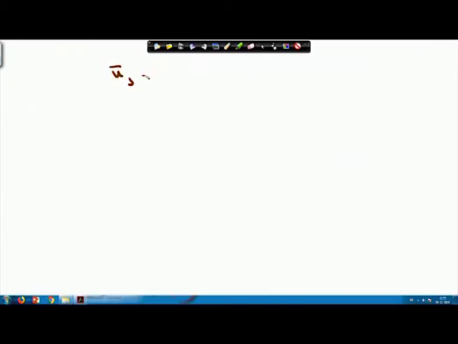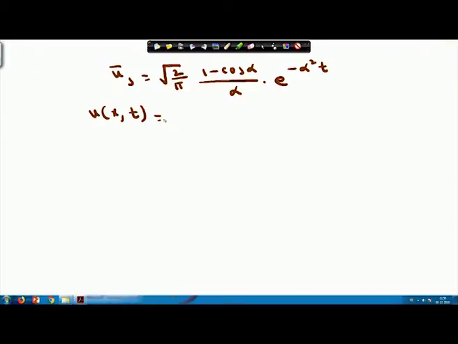Once I obtain the value of A, I can rewrite u bar s as root over 2 by pi into 1 minus cos alpha by alpha into e power minus alpha square t. So this second part is over. Once I have obtained u bar s in terms of alpha and t, now I can write down u x t using the inverse sine transform.